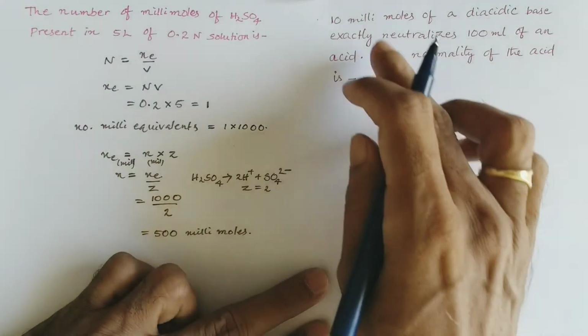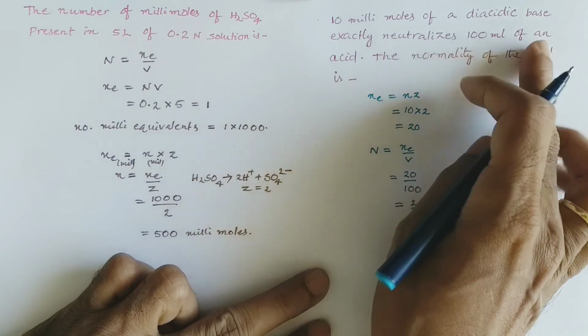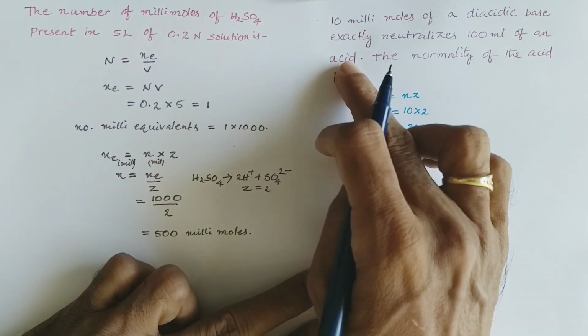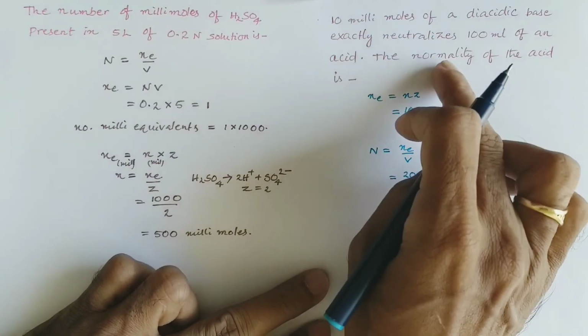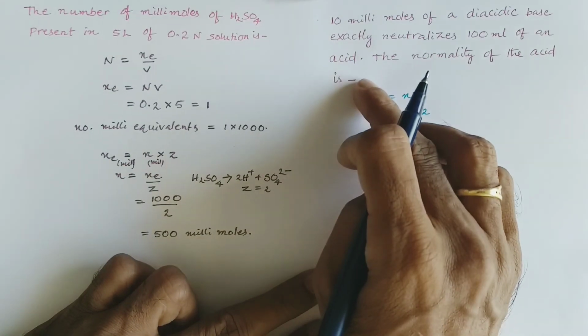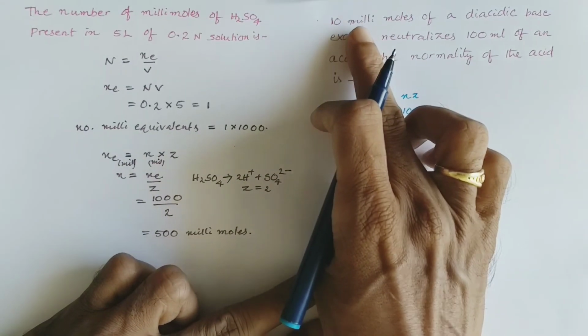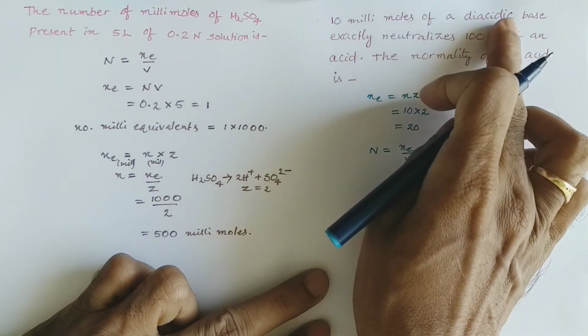Next problem, 10 millimoles of diacidic base exactly neutralizes 100 milliliters of an acid. The normality of the acid is. So here this is an acid base neutralization reaction. We have to find out the normality of the acid. But here the number of millimoles of base is given, right?